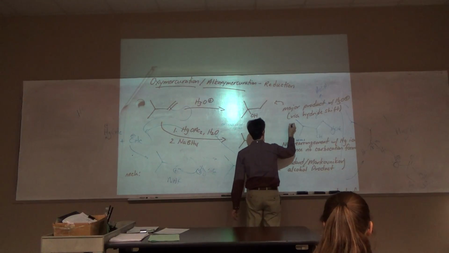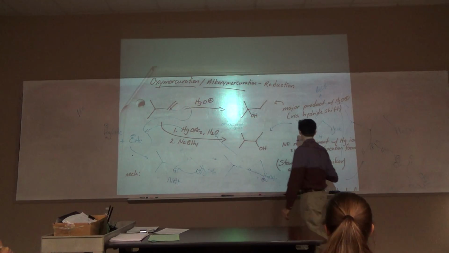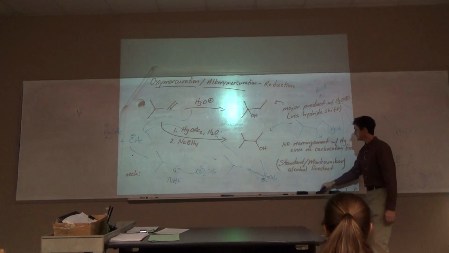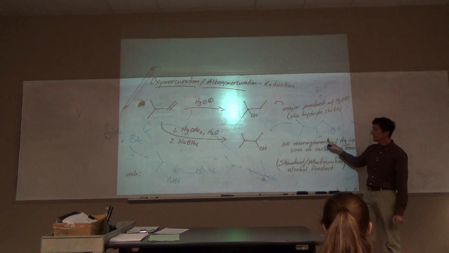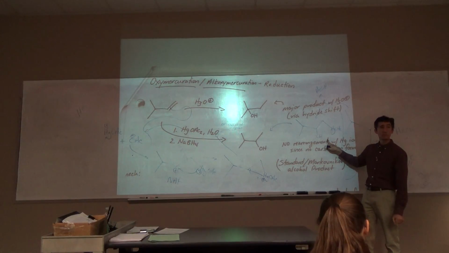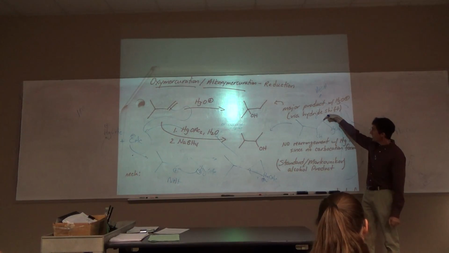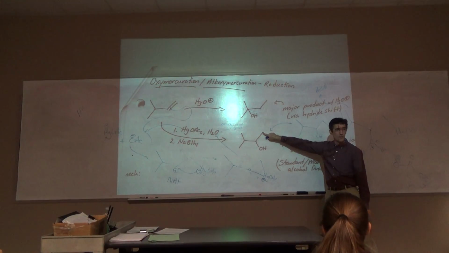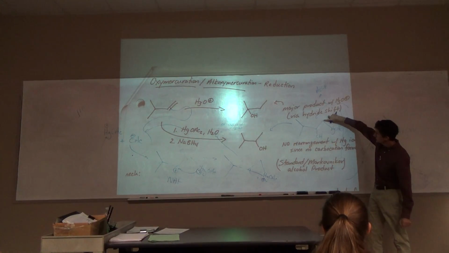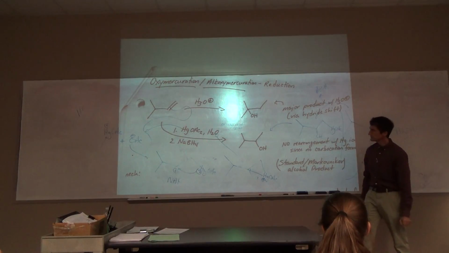What do we need to do to get from here to here? What do we need to do to get home? We have to remove something, obviously. What do we have to remove? The mercury from this carbon. How many H's on that carbon? 3. How many H's on this carbon? Only 2.